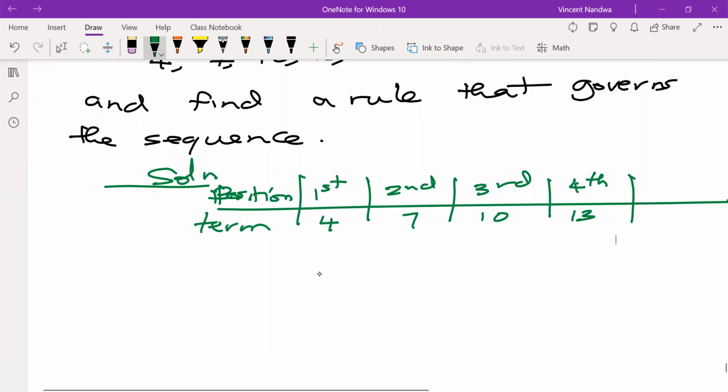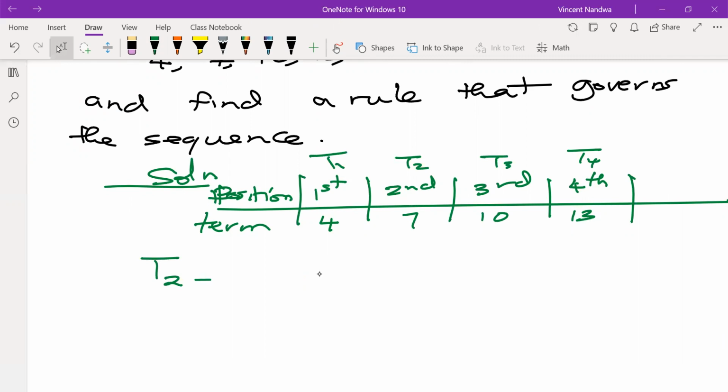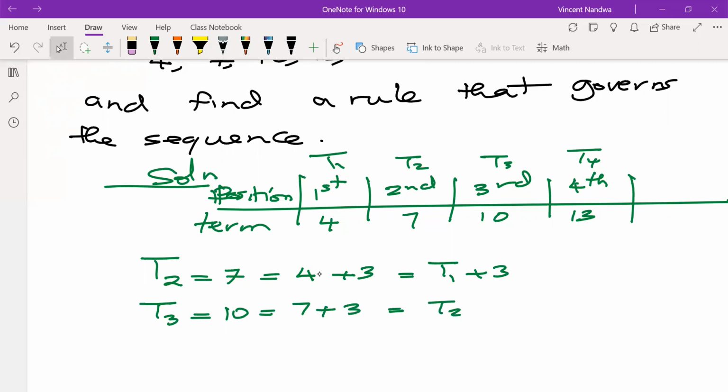Now we see that if we call these T1, T2, T3, T4, T2, which is 7, is the same as 4 plus 3, which is T1 plus 3. And then T3, whose number is 10, is the same as 7 plus 3, which is T2 plus 3.